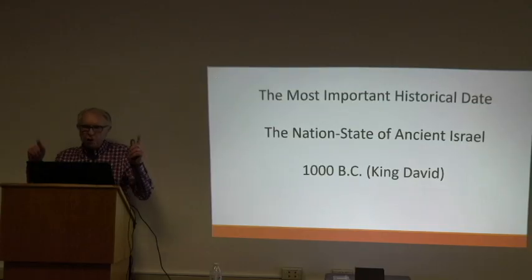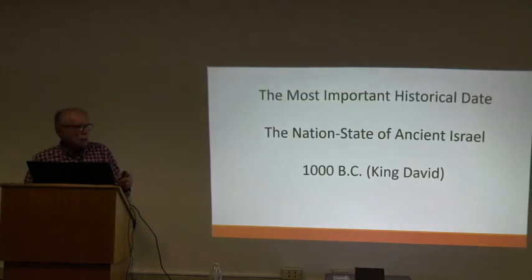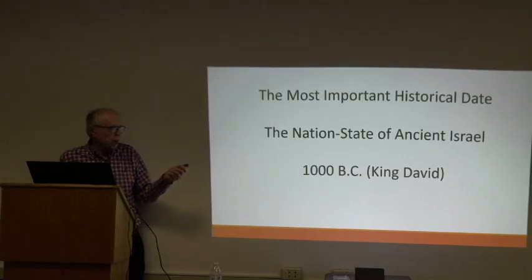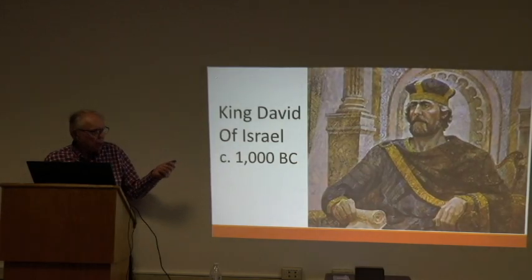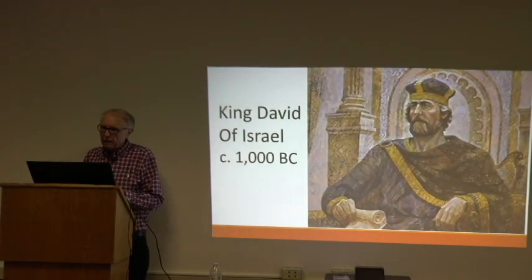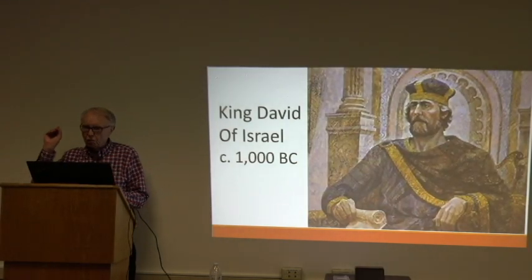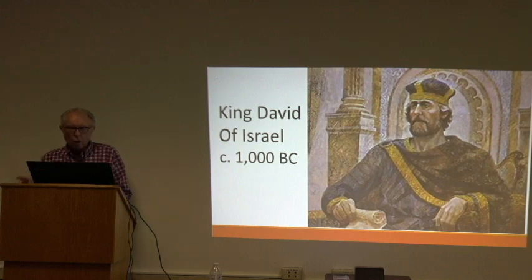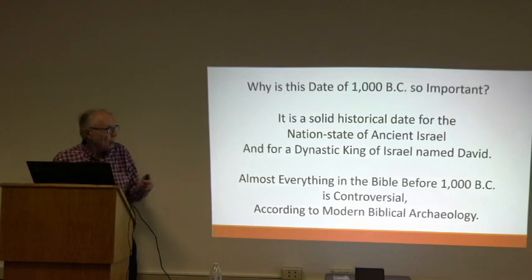The most important historical date is the nation-state of ancient Israel about 1000 BC. And that was King David. There's a picture of King David. And that is now a solid historical date. Why do I stress that?